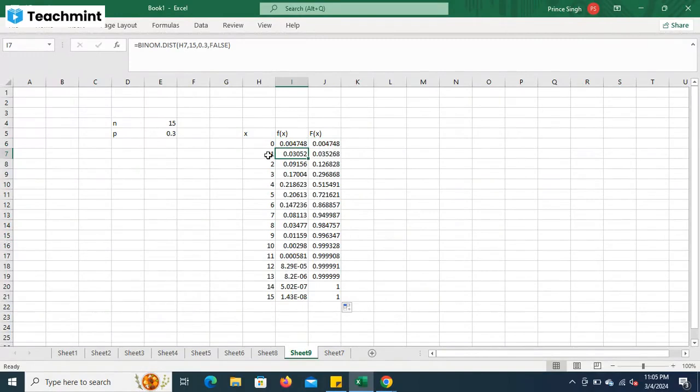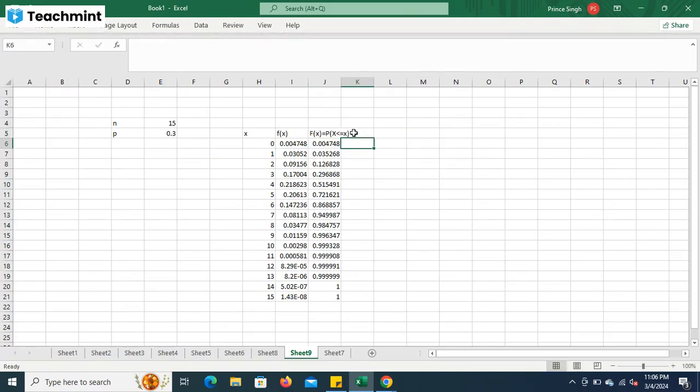H7 corresponds to this particular box, meaning corresponding to 1 success, 2 successes, 3 successes, and similarly here we are given the cumulative distribution function for 1 success, for 2 successes, because the cumulative distribution function is the probability that X is less than or equal to x, right?